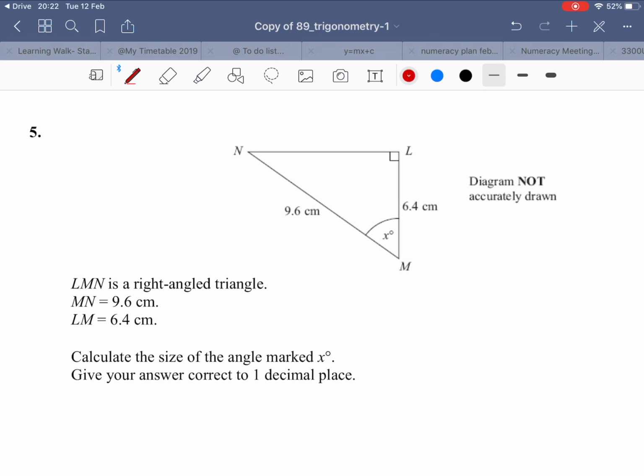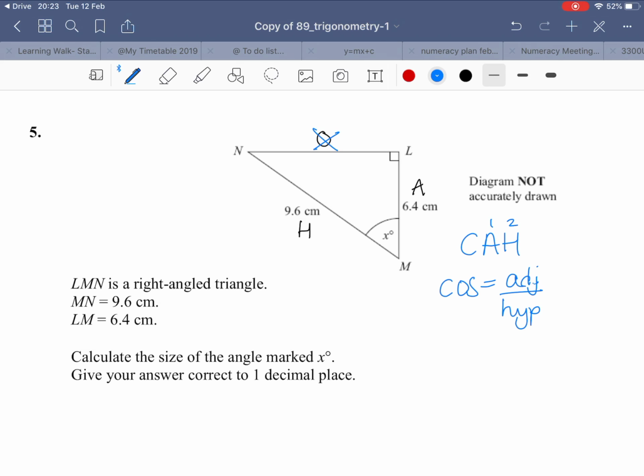Okay, here goes. So my labelling will start with the opposite, the hypotenuse, and the adjacent. The opposite is useless, so this time I'm looking at cos from the SOHCAHTOA. This tells me I've got cos, the adjacent is on the top, and the hypotenuse is on the bottom. They are in the order top and bottom.